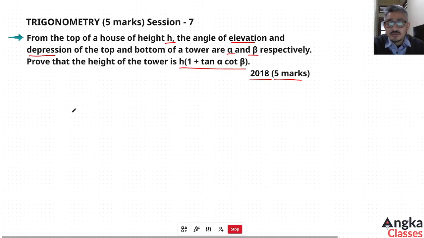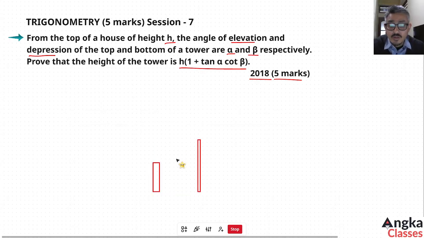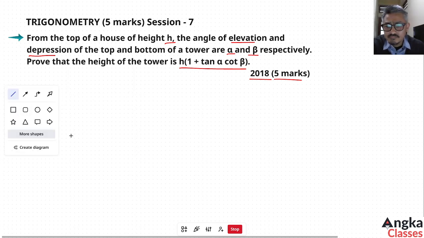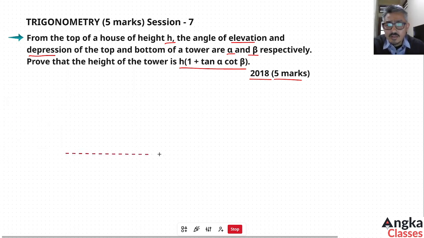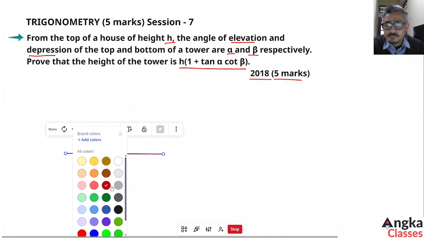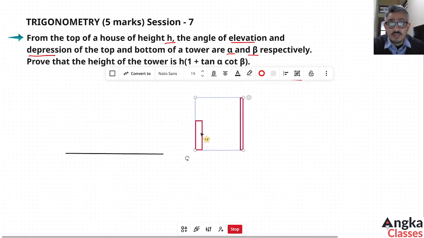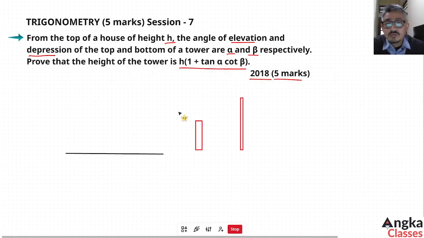Okay, so now there is the house of height h. Let us consider this as the house.